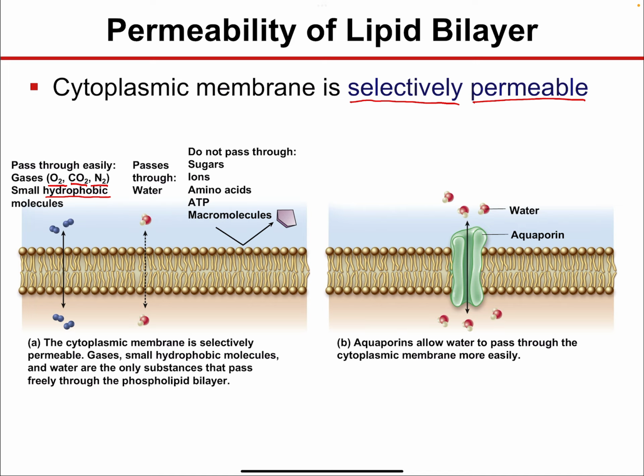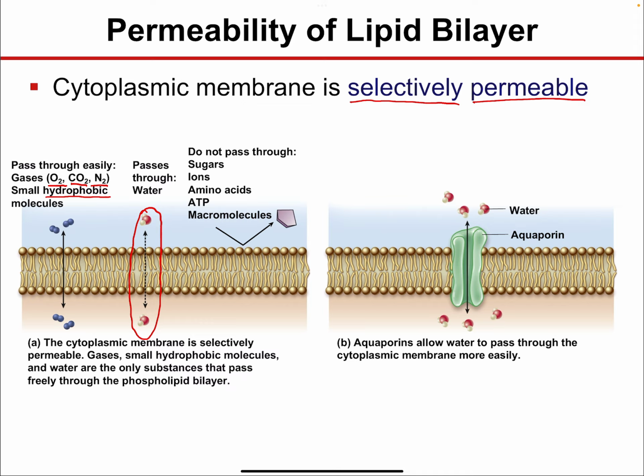That being said, water is kind of particular. We know that water is a polar molecule. However, water is small. Because water is small, to some extent, water can actually cross the plasma membrane, based on the need inside and outside.